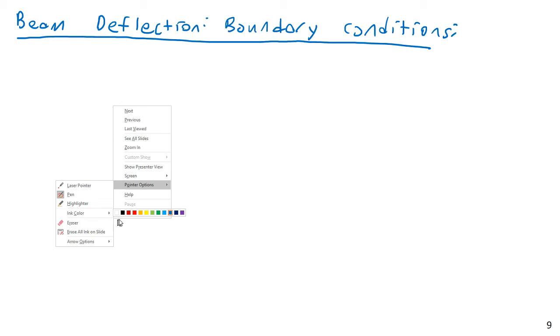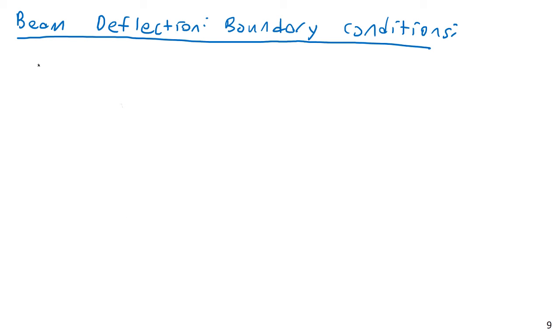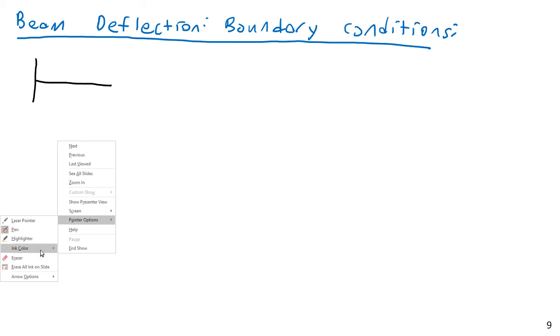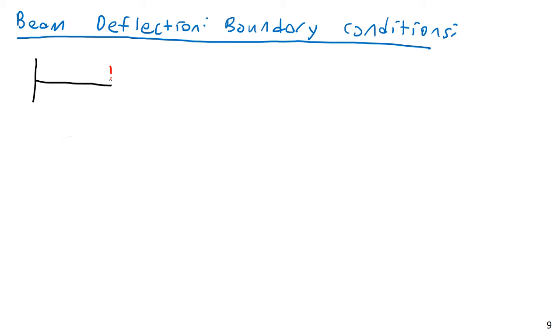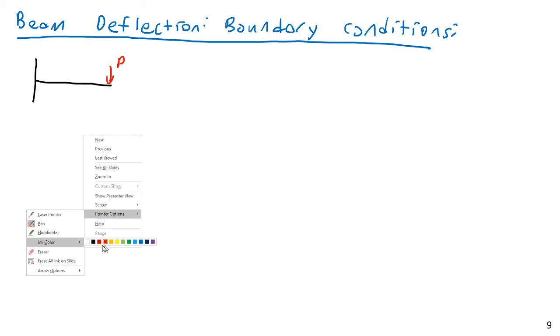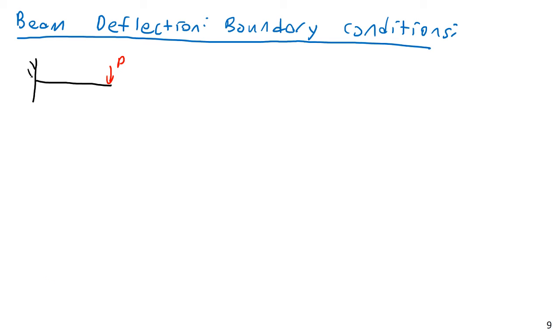So I want to look at a couple cases here. The two big ones are our fixed and our simply supported case. I'm going to have a fixed beam first with a P here, and let me again use some hashed lines here to show that this is a fixed support.